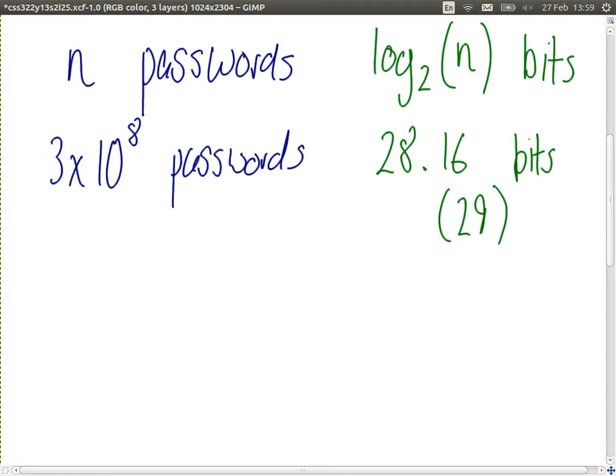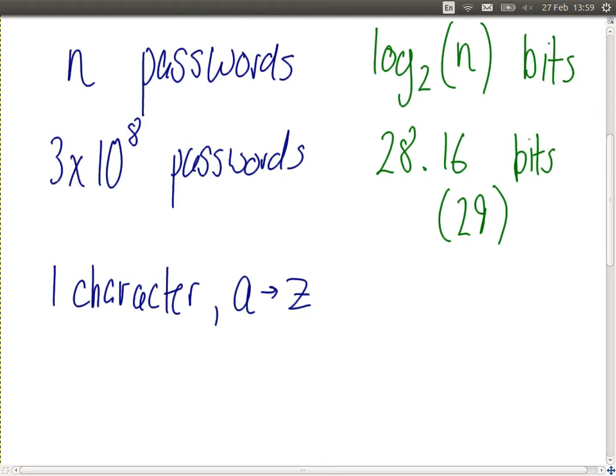Let's continue on that concept. Let's say one character long, our password, and we can choose from A through to Z. How many bits to represent one character, where that character can be lowercase a through to z? I will let you use decimals, and we'll see that it'll become useful.